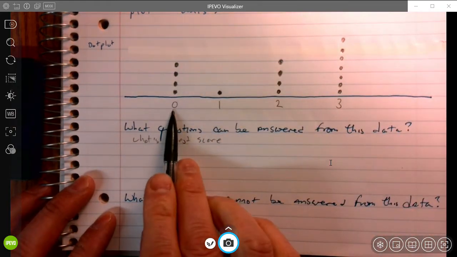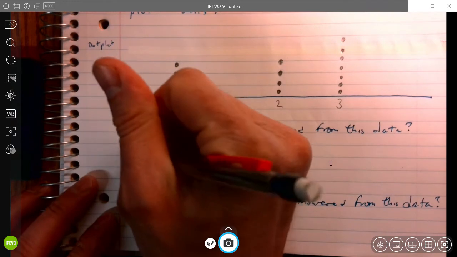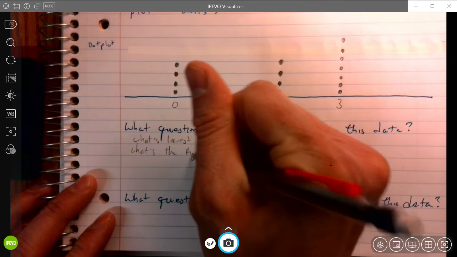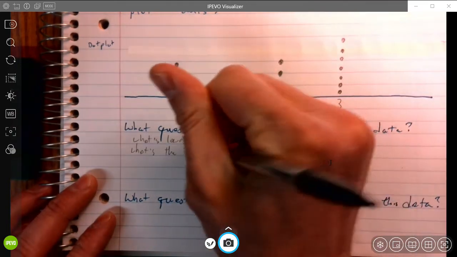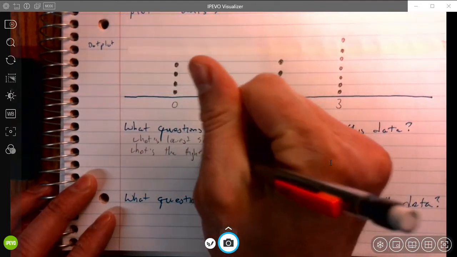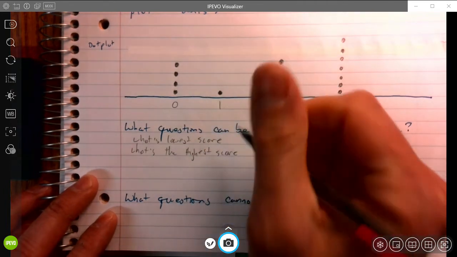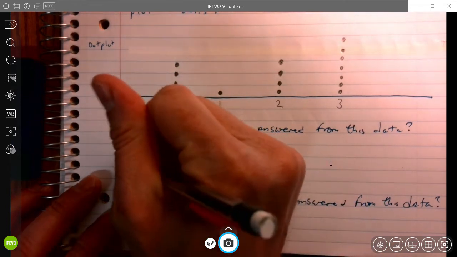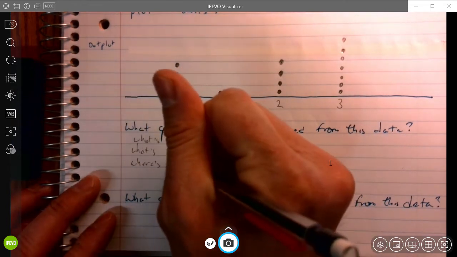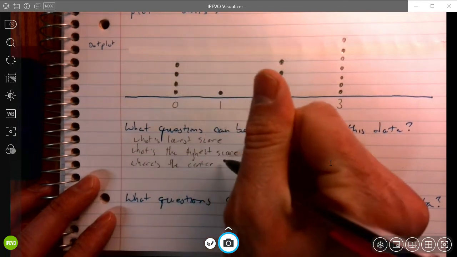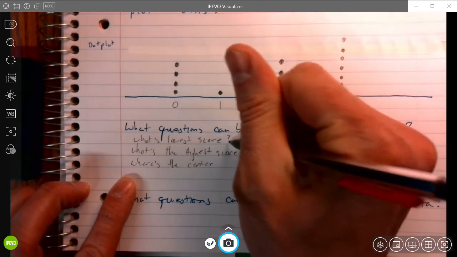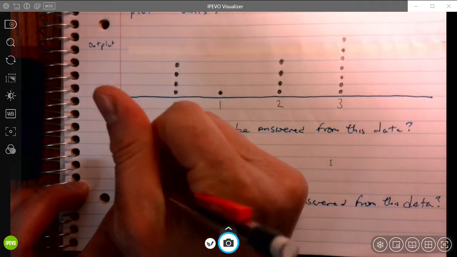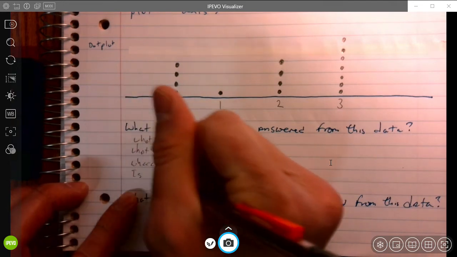That can be answered from this data, right? A 0. What's the highest score? What about where's the center of the data? I should probably be putting question marks next to these. Or is the data spread out or close together?